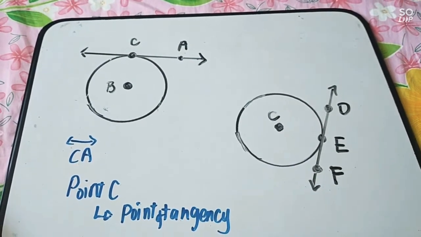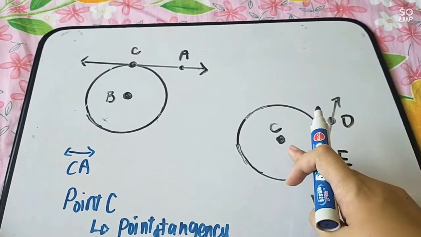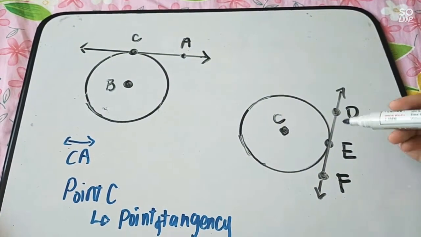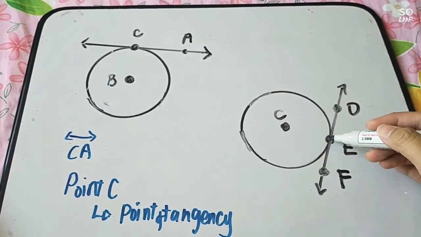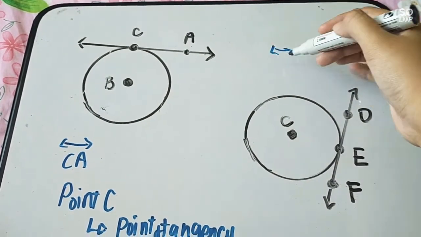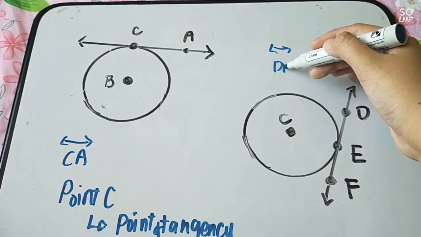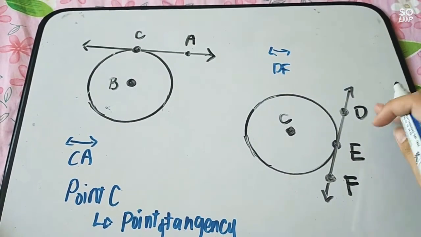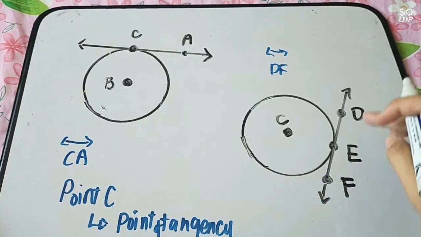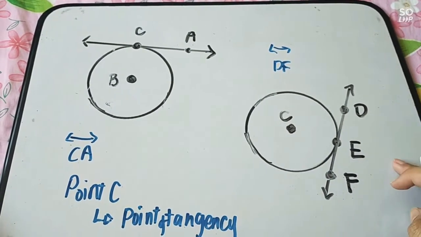Next, let's have circle C. In this circle C, we have a line that intersects the circle at exactly one point, and that line is line DF. You can name it as line DF, line EF, line FD, line ED, right?